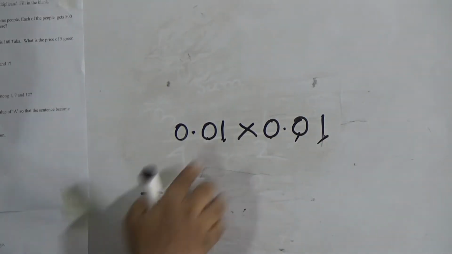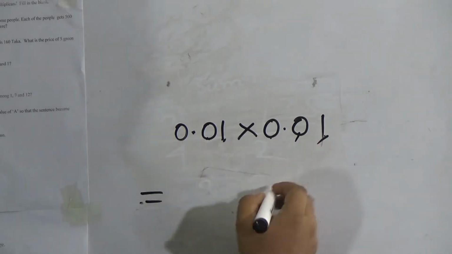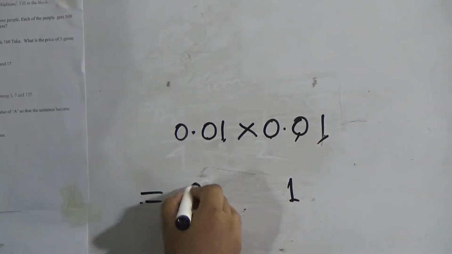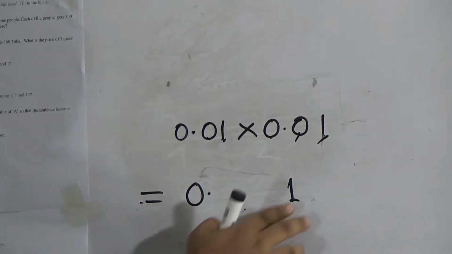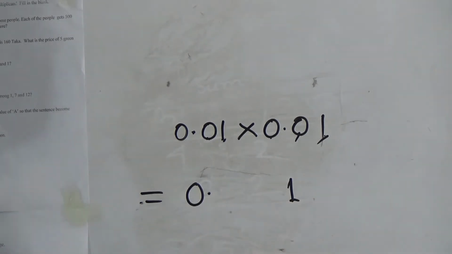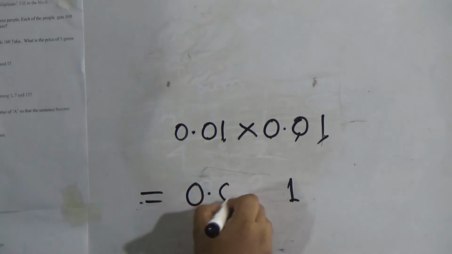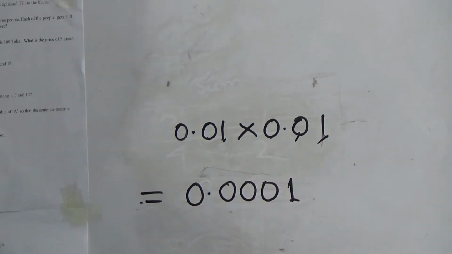So at first we multiply this 1 with 1. 1 ones are 1. But after the point there will be 4 digits. So here 1 digit, so the other digits will be 0. So 0.0001.